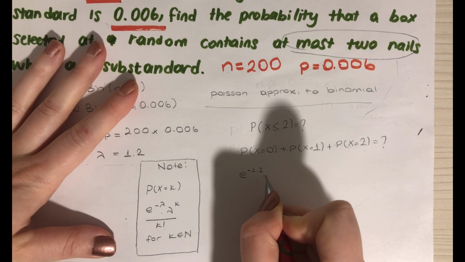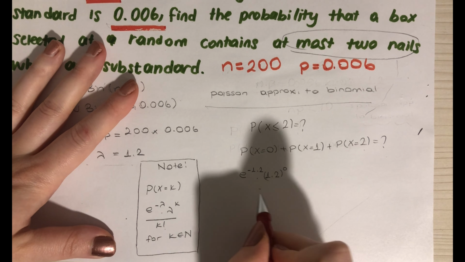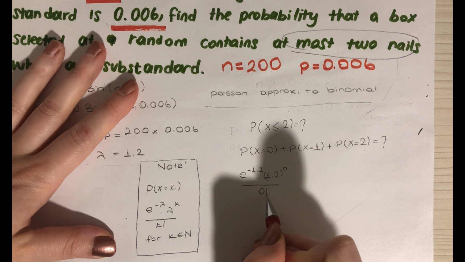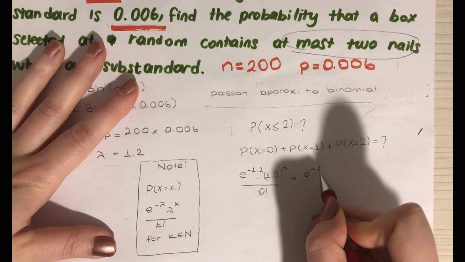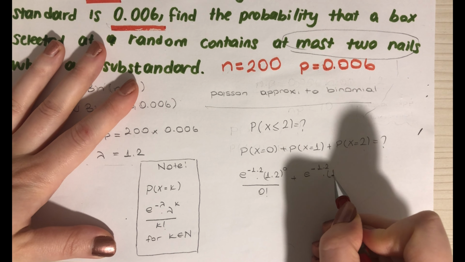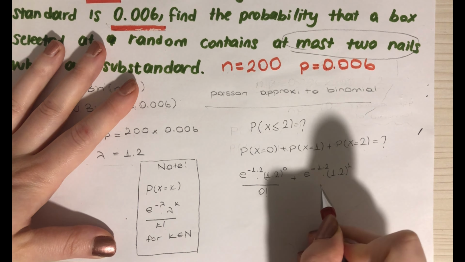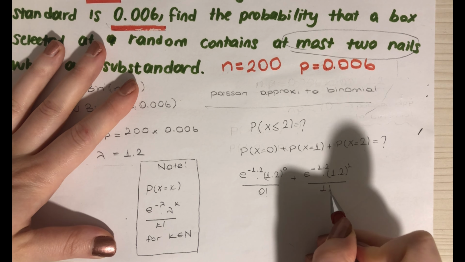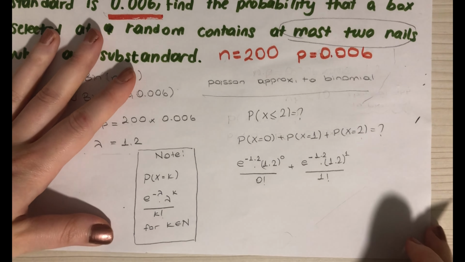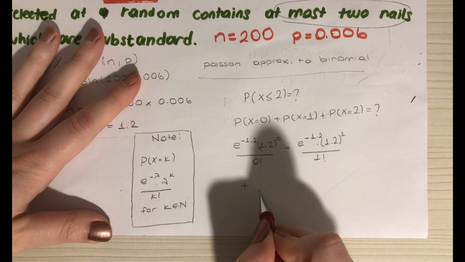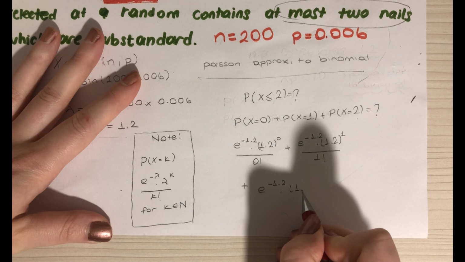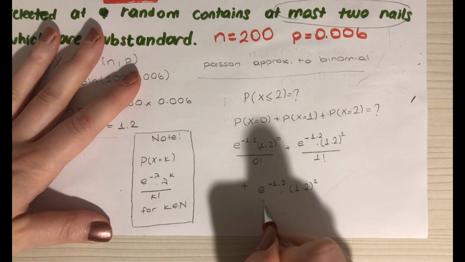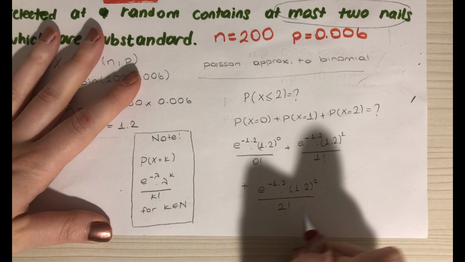It would be e to the power minus 1.2 times 1.2 to the power 0 divided by 0 factorial, plus e to the power minus 1.2 times 1.2 to the power 1 divided by 1 factorial, and of course e to the power minus 1.2 times 1.2 to the power 2 divided by 2 factorial.